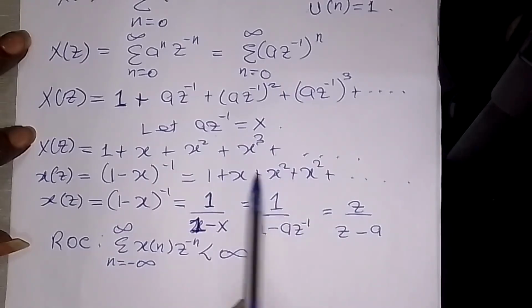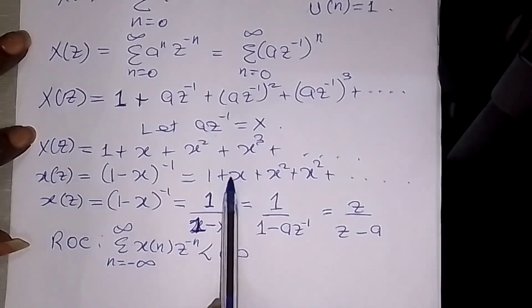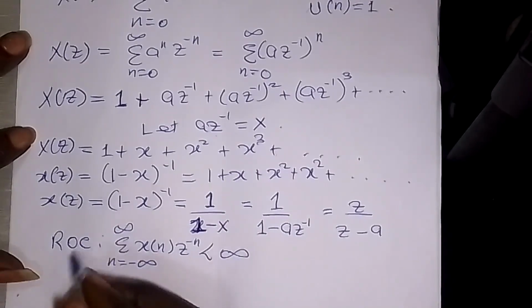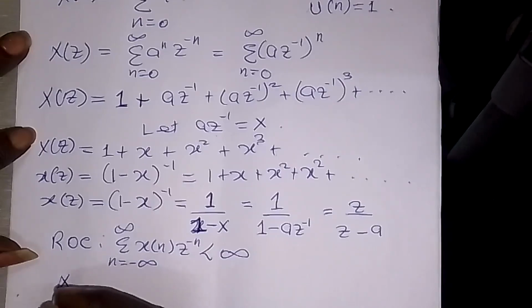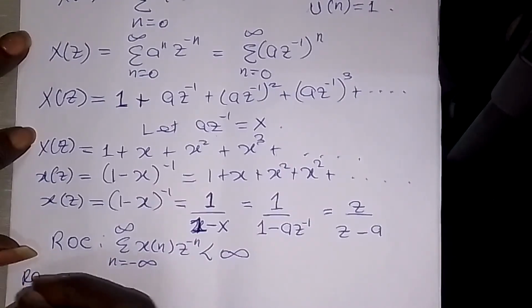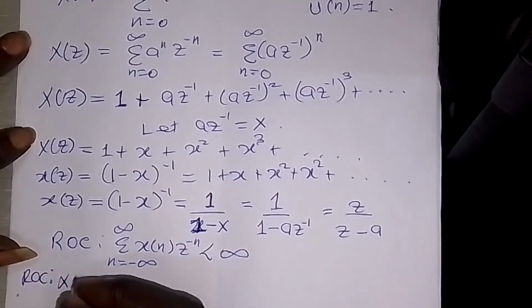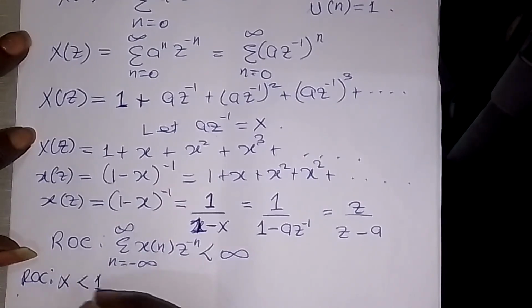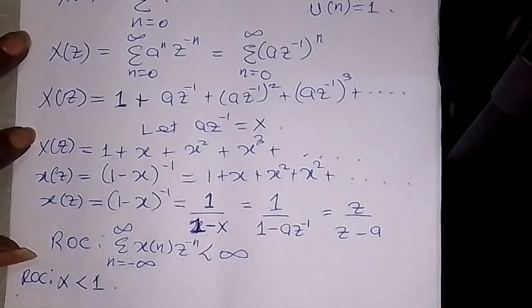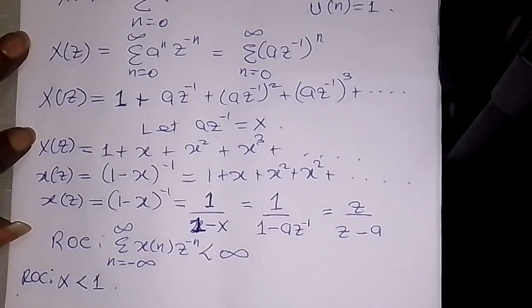But before it can converge, x should be less than 1. So for the ROC, x should be less than 1 so that it can converge.